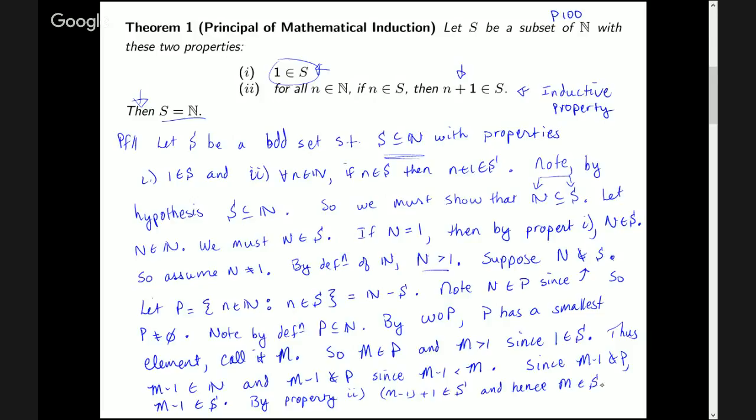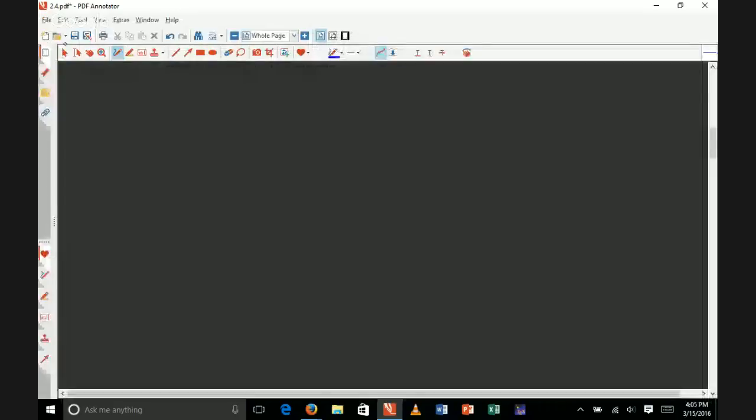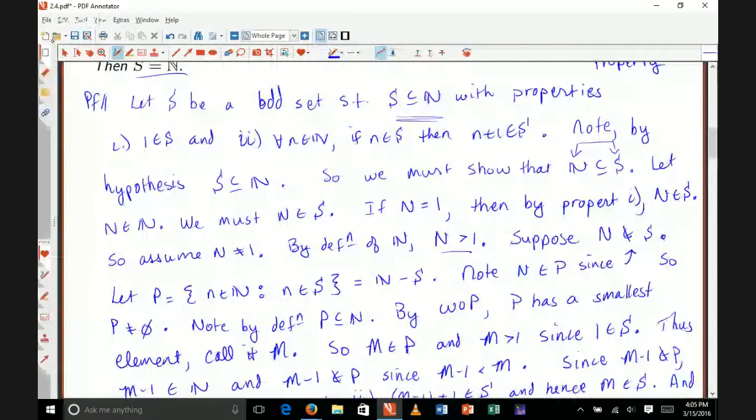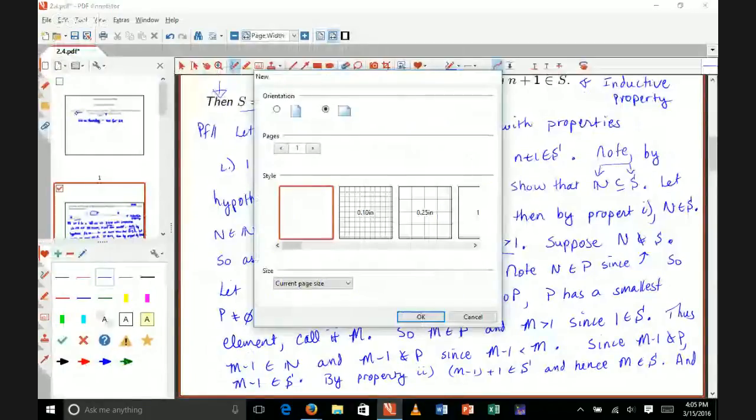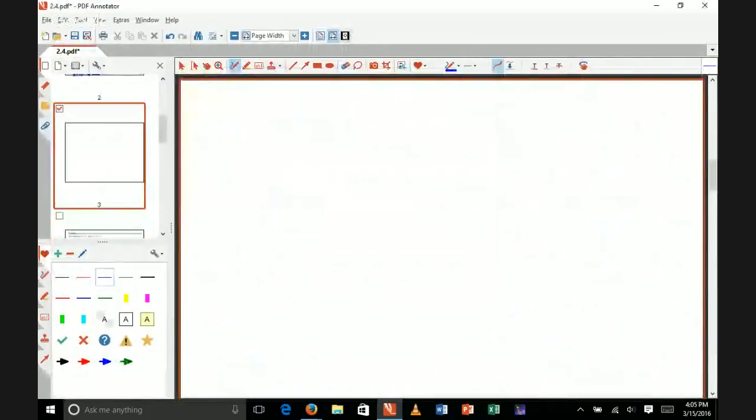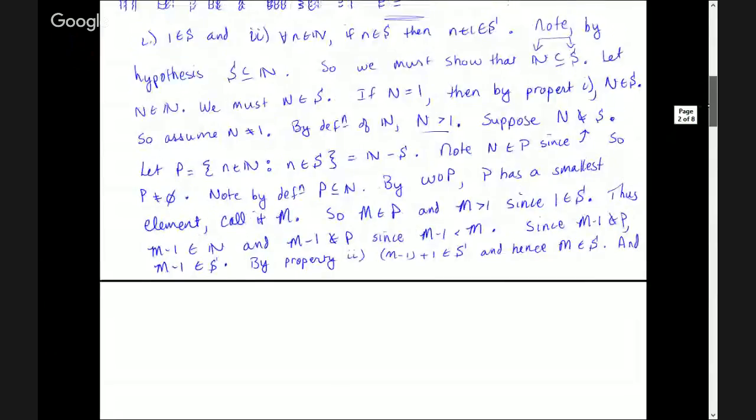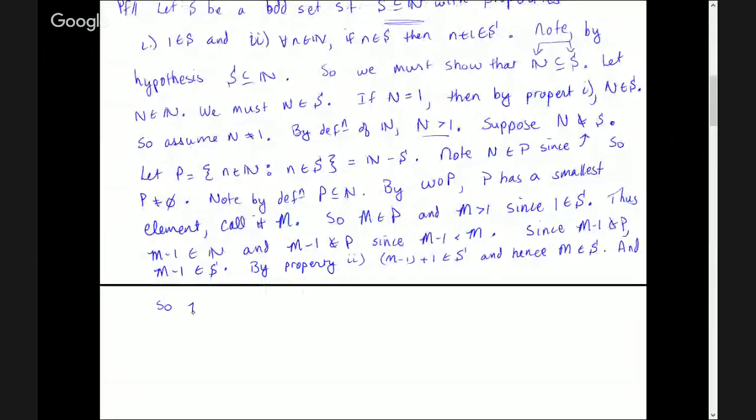So I have M is in S. Better get an extra page. And so we have M is in S and M is in P. But by definition, P is the complement of S, so you have a contradiction right here.